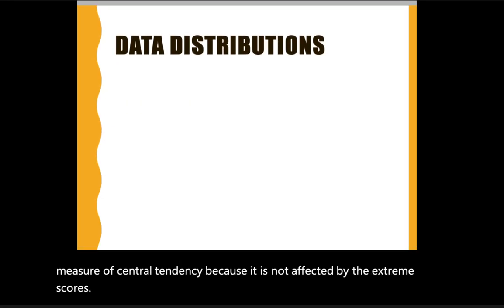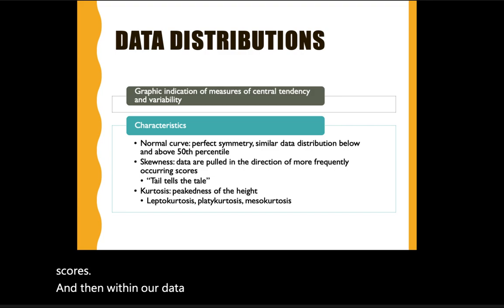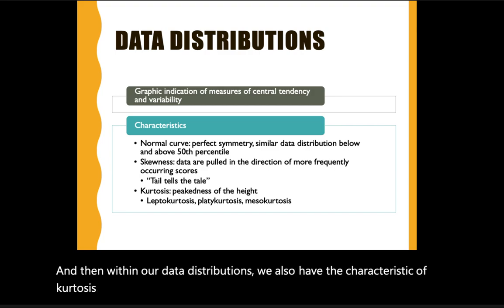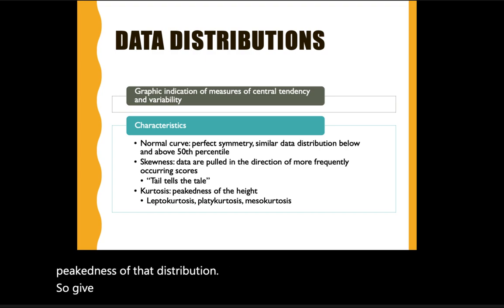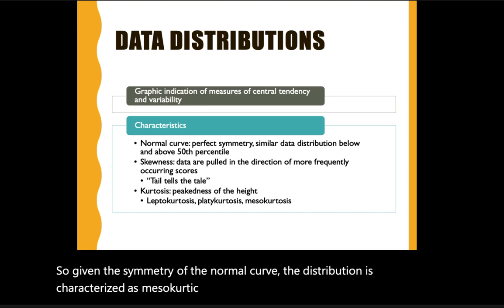And then within our data distributions, we also have the characteristic of kurtosis, which is a characteristic of a data distribution that refers to the peakedness of that distribution. So given the symmetry of the normal curve, the distribution is characterized as mesocurtic. So when a standard distribution is displayed, it is mesocurtic.